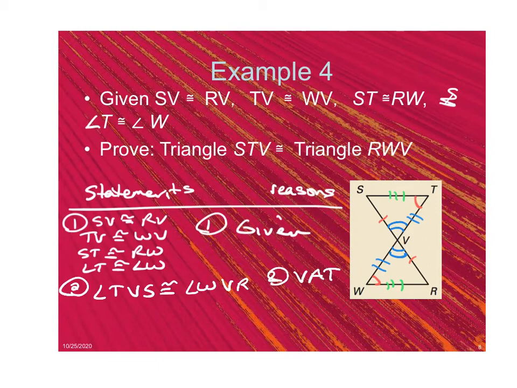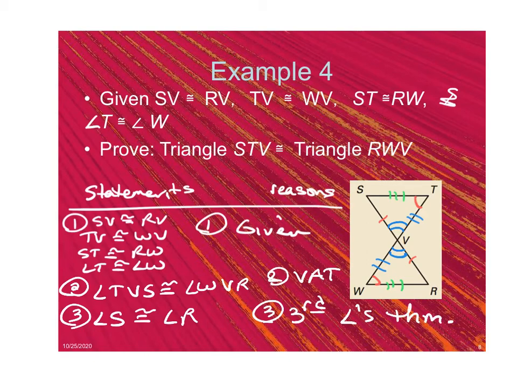Now we just learned a theorem that stated that if 2 angles were already congruent, then we can automatically show that that third angle is also congruent. So now I could also state that angle S is congruent to angle R, and my reason is the third angles theorem.